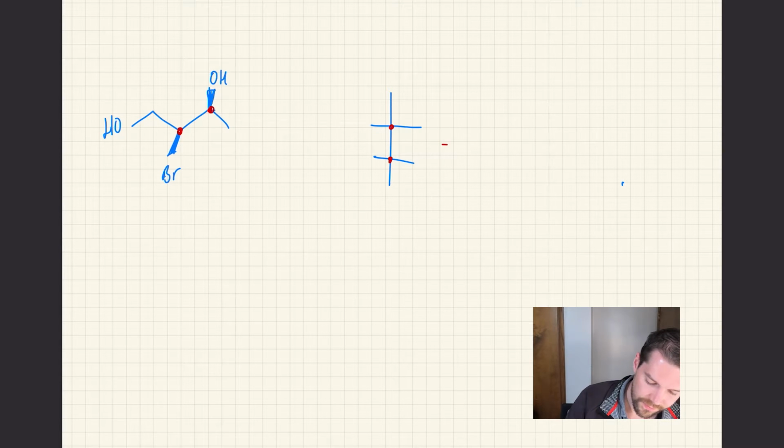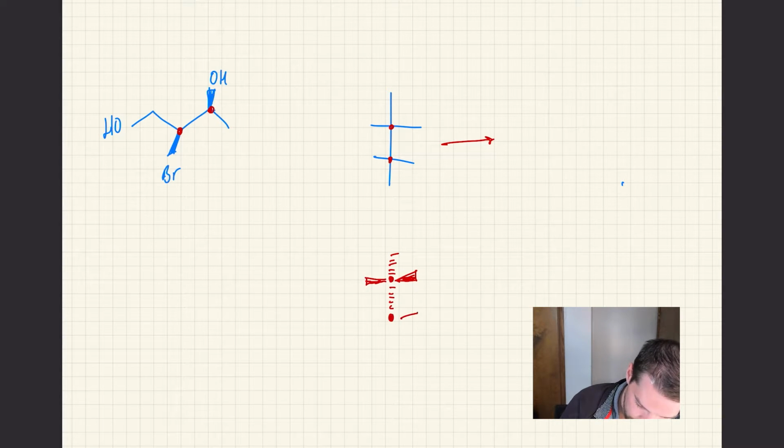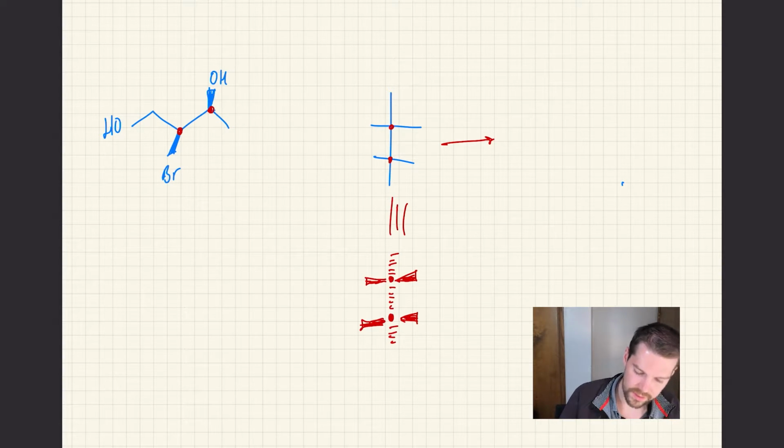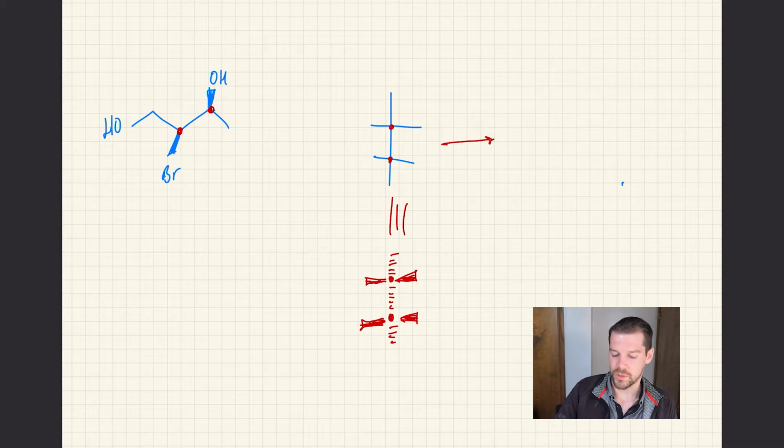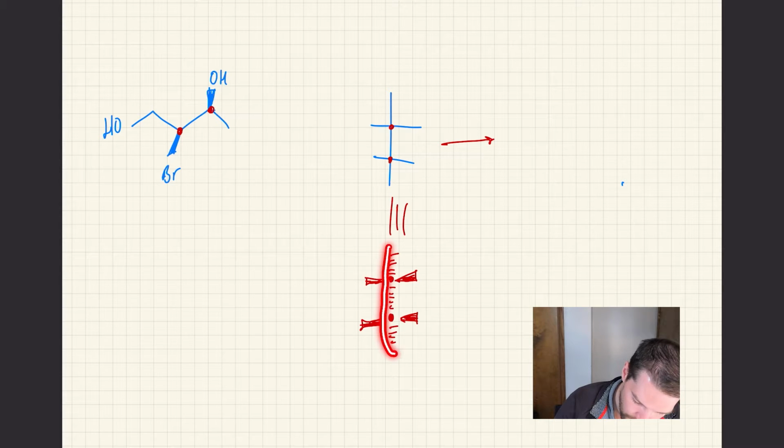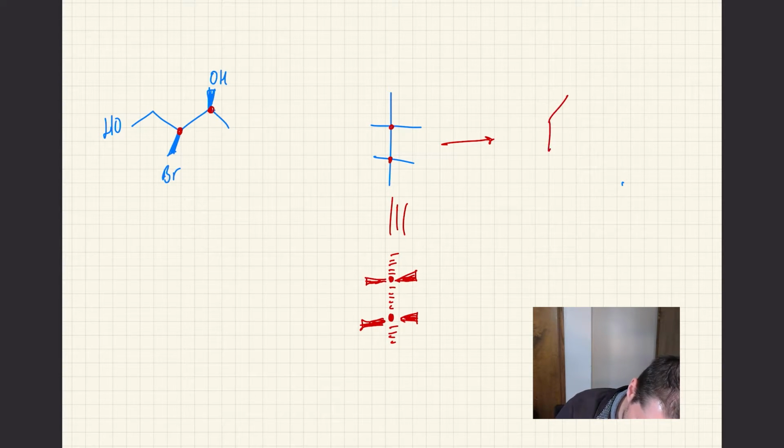If I were to flip this on its side, remember, this looks like this. Then there's the second one, your little bow ties there. This is what this looks like. So if I flip it on its side, what that means is this backbone right here is actually shaped like this.